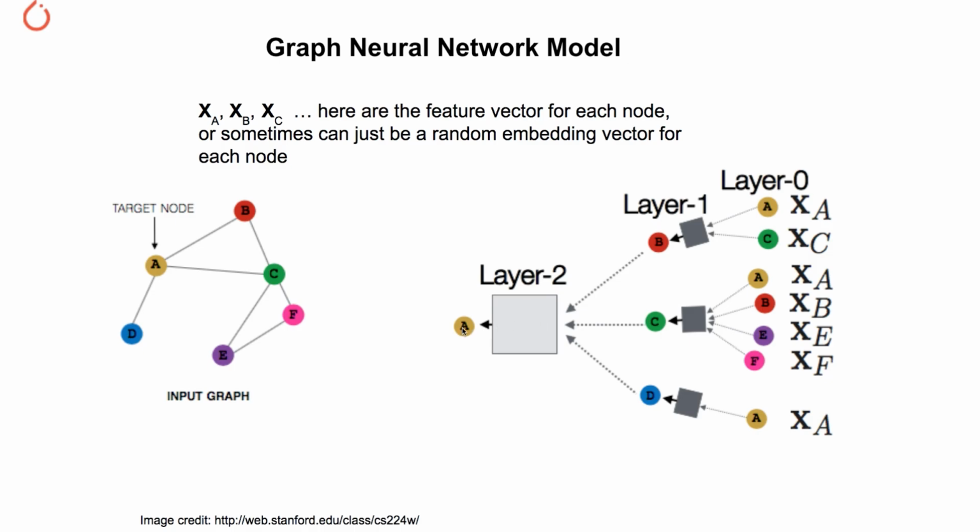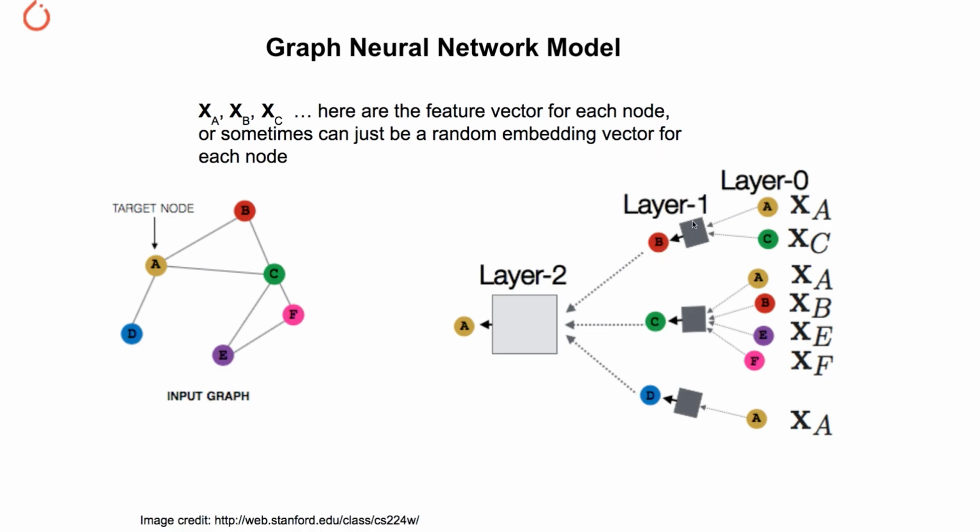Given node A's embedding at layer 2, it will look at all 3 of its neighbors, B, C, and D, and their embeddings, and it will aggregate them in this gray box.